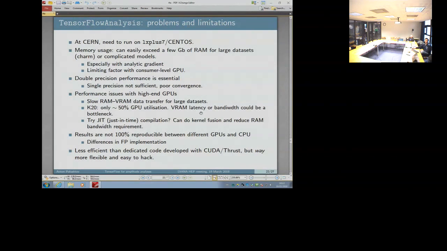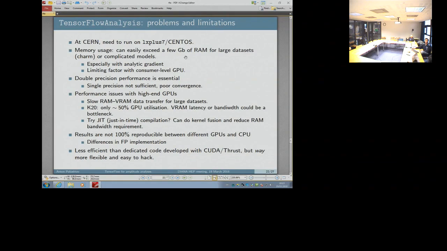Right. So, as I said, here are some problems. First of all, at CERN you cannot just run it on a typical LXPlus machine. You have to use CentOS because it needs a rather fresh libc library.